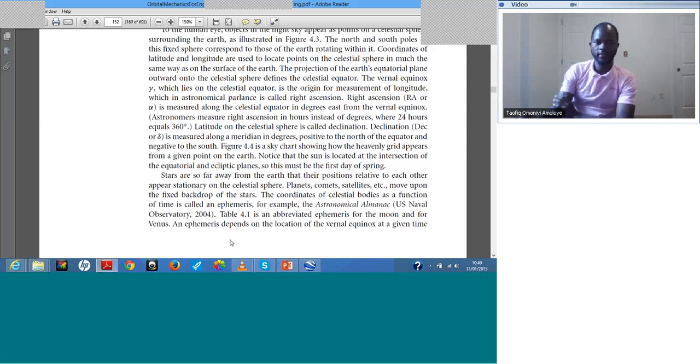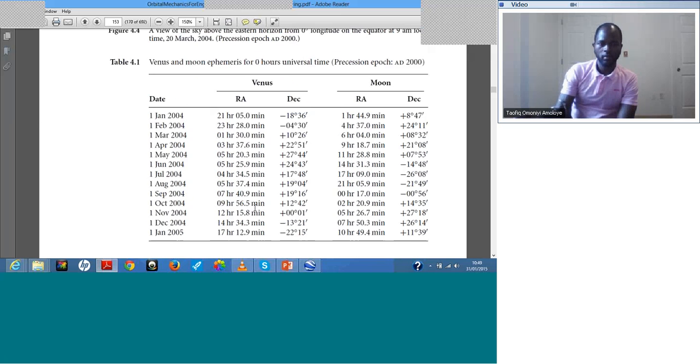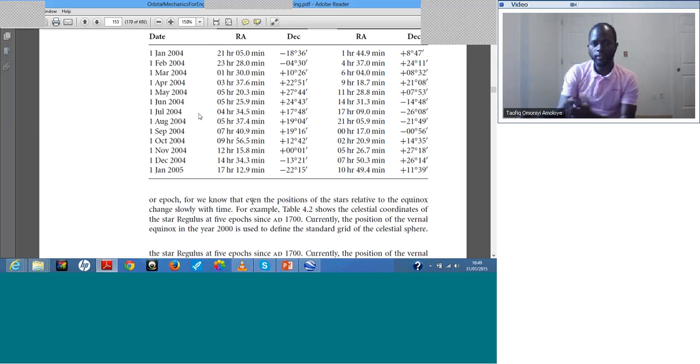An ephemeris depends on the location of the vernal equinox at a given time or epoch. Of course, since the right ascension and the declination are measured with reference to the vernal equinox line, if the vernal equinox line is also moving, then these are dependent on whatever vernal equinox has been used to measure or compute them.